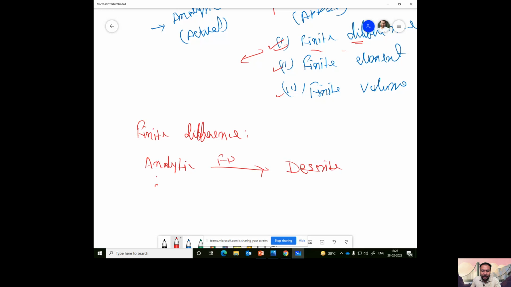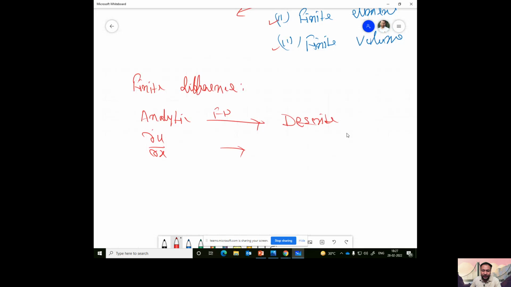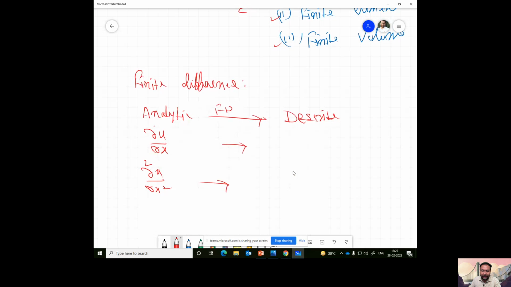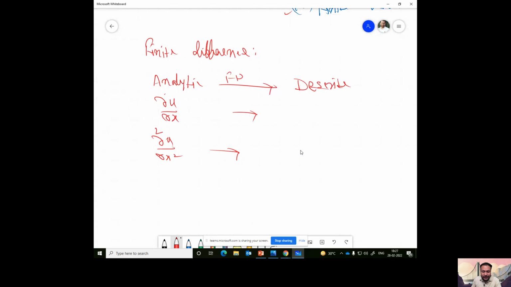It means that if there is a differential equation del u by del x, I want to write it in discrete form. If there is a partial derivative del u by del t, I want to write it in discrete form.